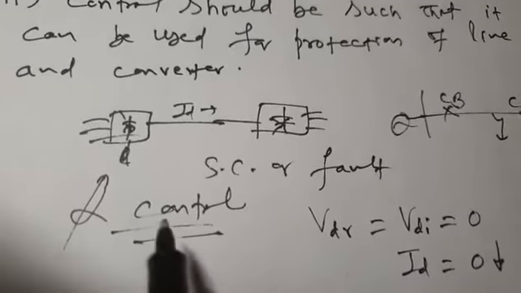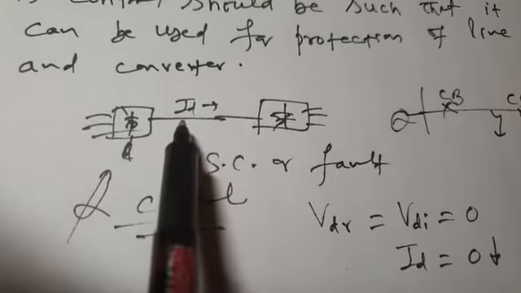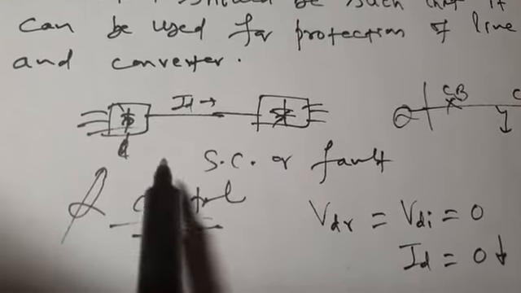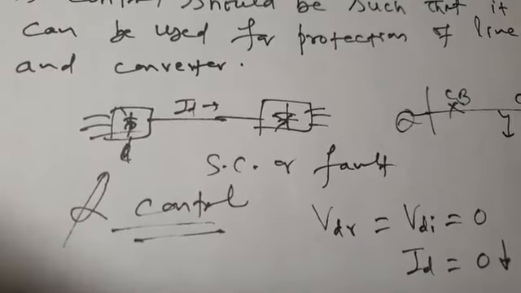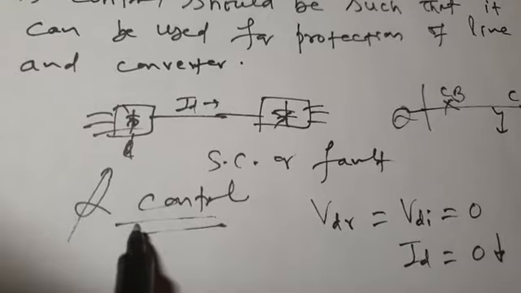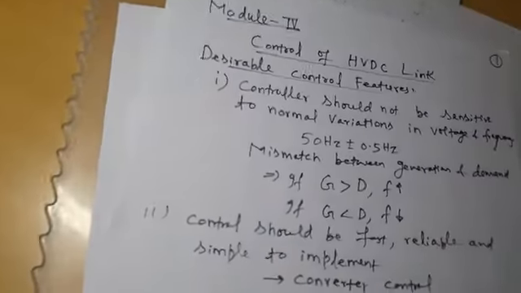So this alpha control is used for protecting your line as well as converters against overcurrents due to short circuit or fault. This control is very, very fast. It's a quick control. So these are some of the desirable features, and I will just summarize the various desirable features.